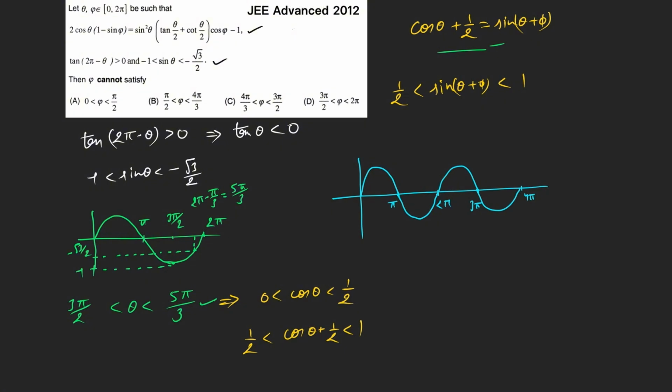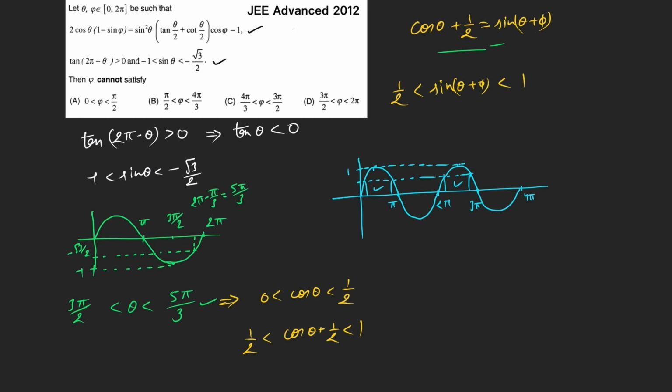And we know that sine of theta plus phi is between half and 1. So again, we will use the line corresponding to 1, and it will touch the graph at 2 points. And for half, the line will cut at 4 points. So either our theta plus phi is between this range or between this range.